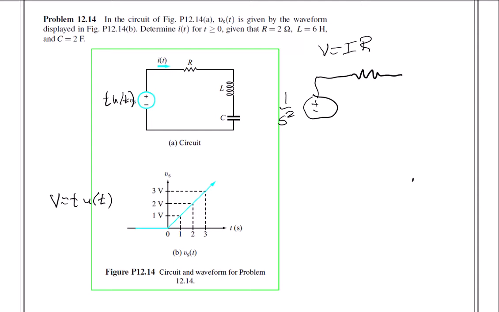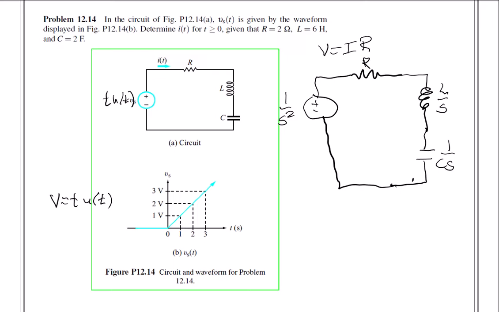The resistance remains the same, the resistance is still R. The inductor is L over S. And the capacitor is 1 over CS. And I apologize, my S's look just like 5s, and I'll do my best to make them separate, but it's going to be hard.